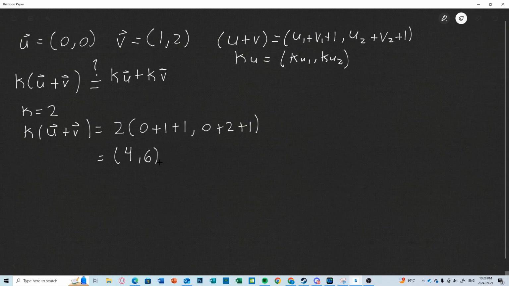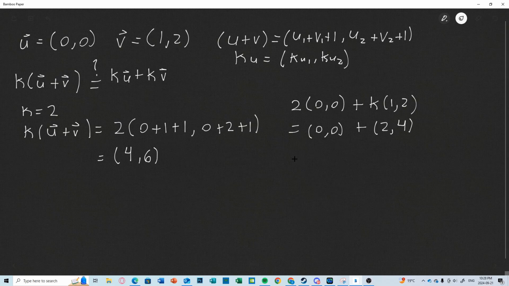Now we're going to try it this way, having K multiplied by U plus K multiplied by V, which will give us 2 multiplied by 0 and 0, plus K multiplied by 1 and 2. This will give us 0 and 0, plus, our K is 2, so this will give us 2 and 4.